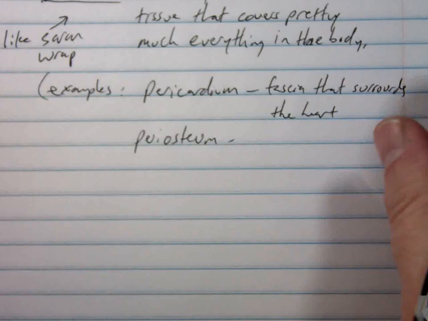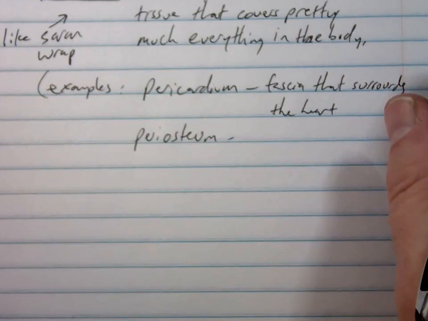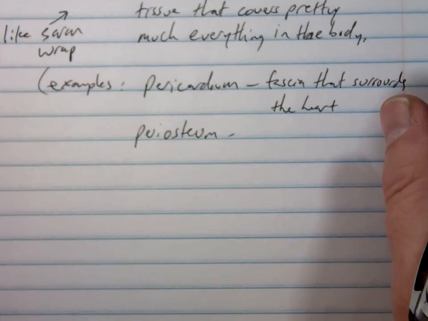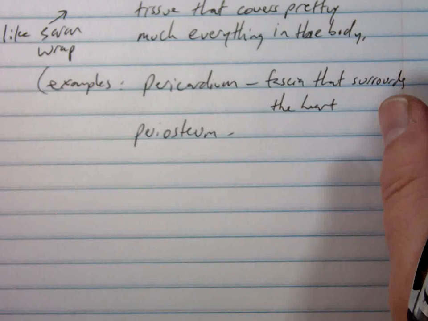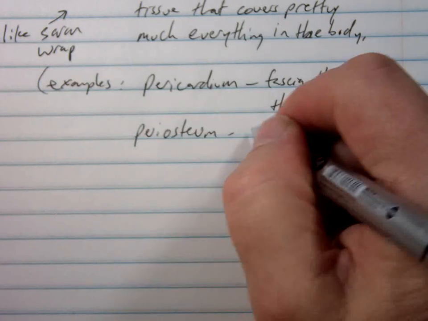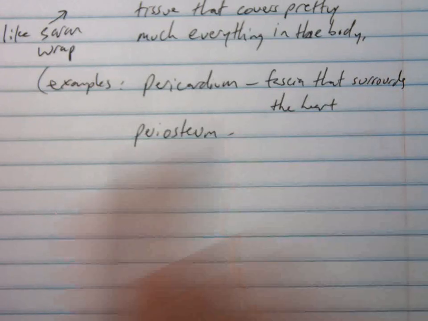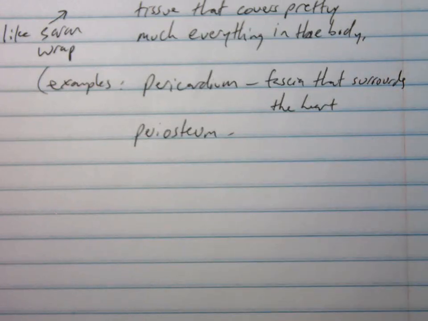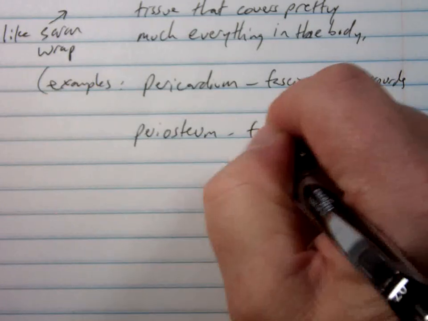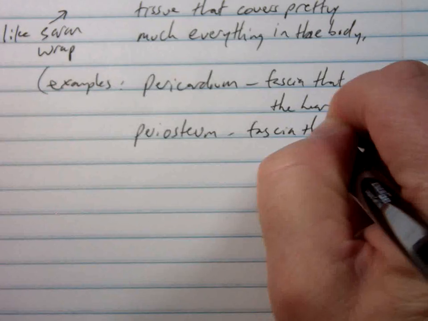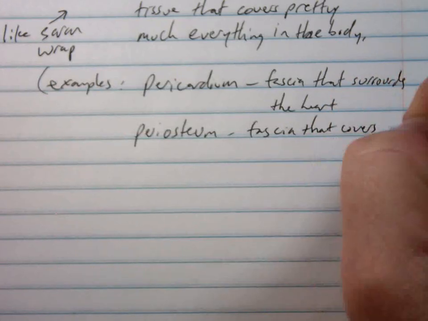Guess what periosteum surrounds? What is osteo? Go ahead. Is it like the backside? Oh, it's a good guess. It's not the backside. What does osteo mean? Oh, it covers bones. Correct. So this is fascia that covers bones.